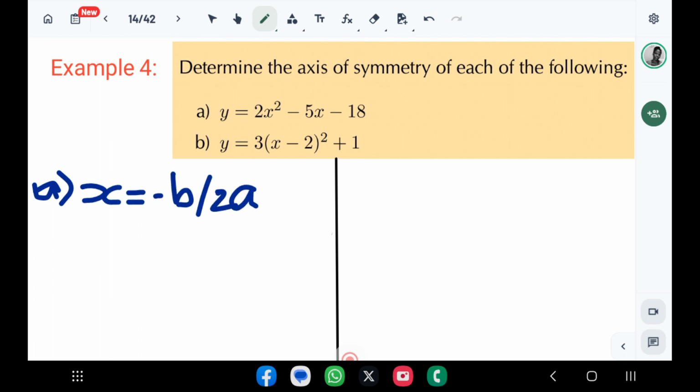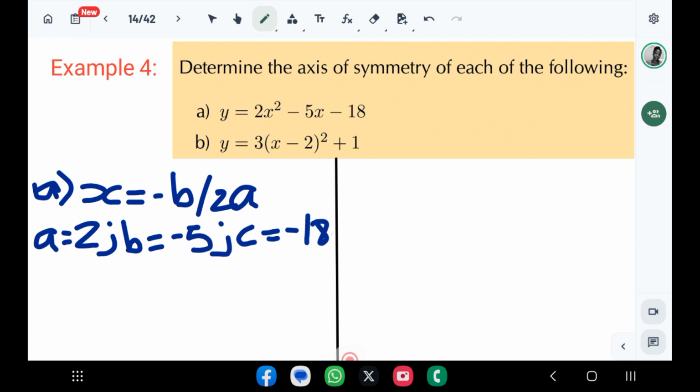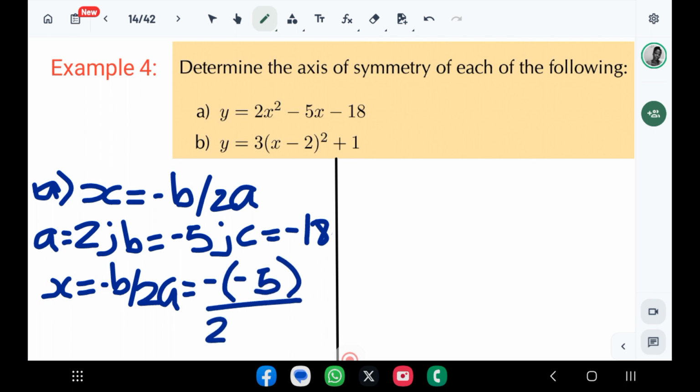All right, your a equals 2, your b equals negative 5, and your c equals negative 18. Therefore, minus b over 2a is minus negative 5 over 2 times 2, which is, therefore, x equals 5 over 4.